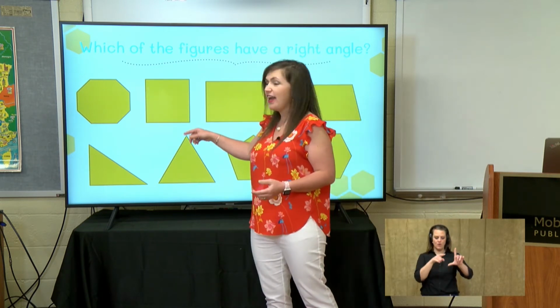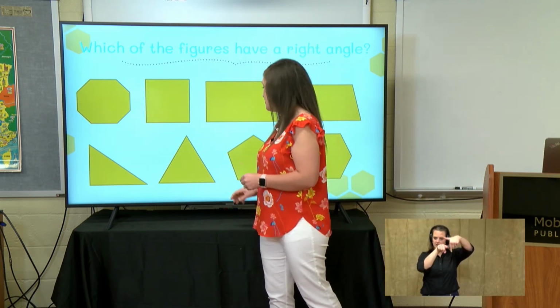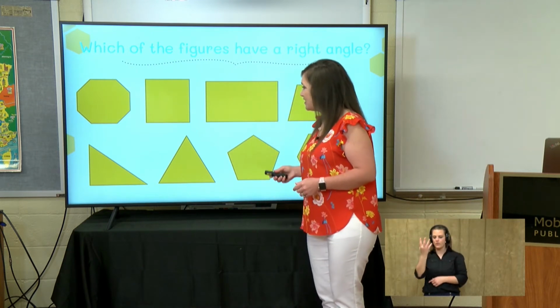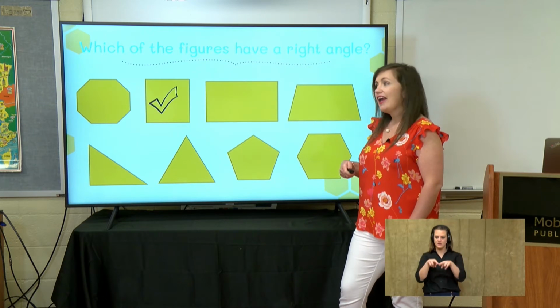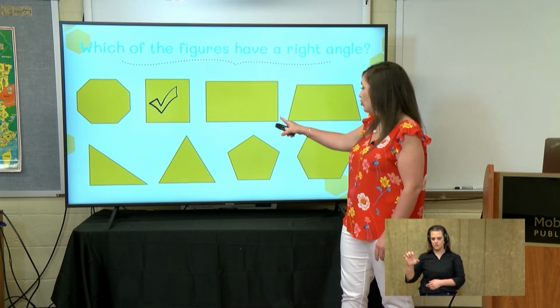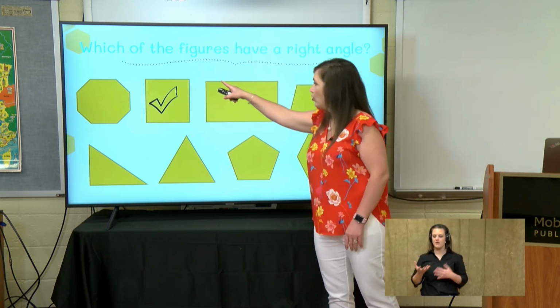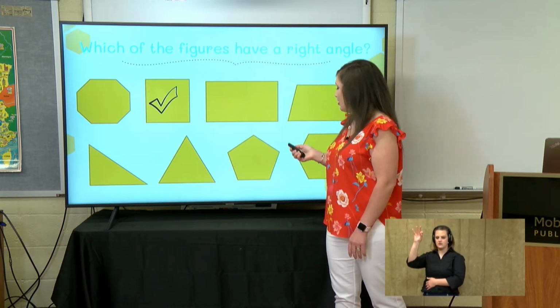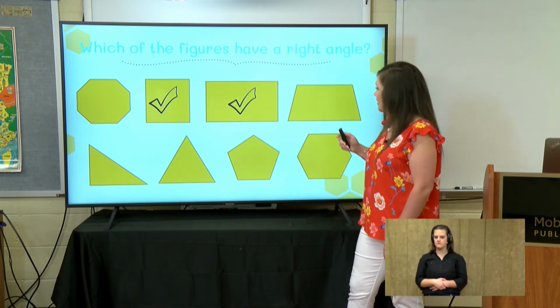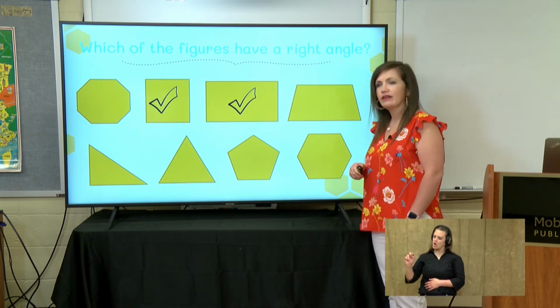They're going to be exactly 90 degrees. All right, let's look at this next shape. That's a rectangle, right? And it also has 4 right angles. Each angle measures exactly 90 degrees. All right, let's look at this shape, this trapezoid.